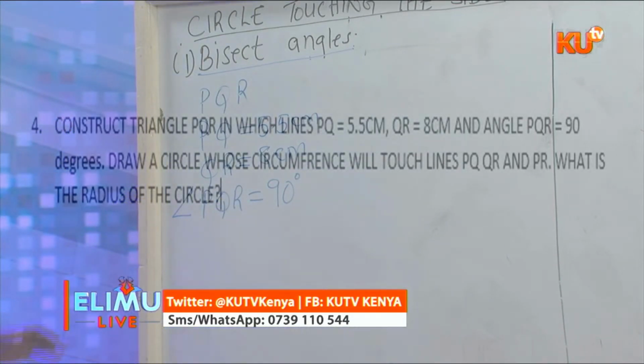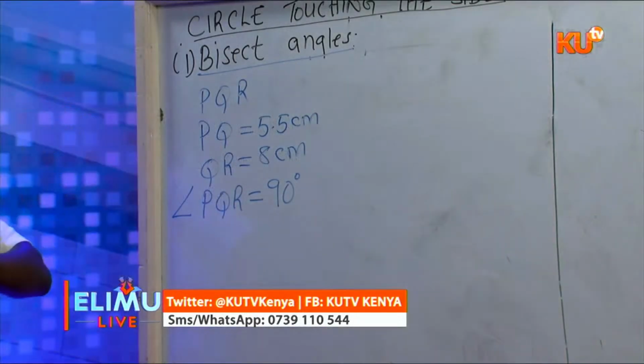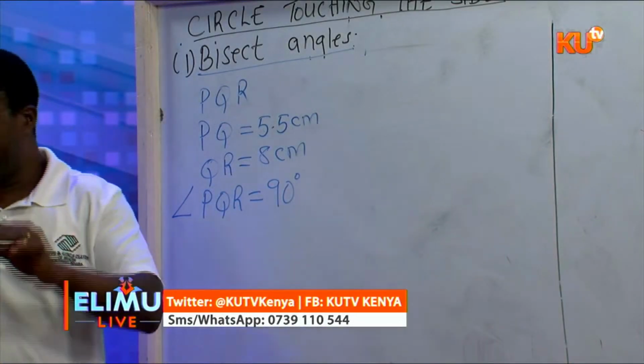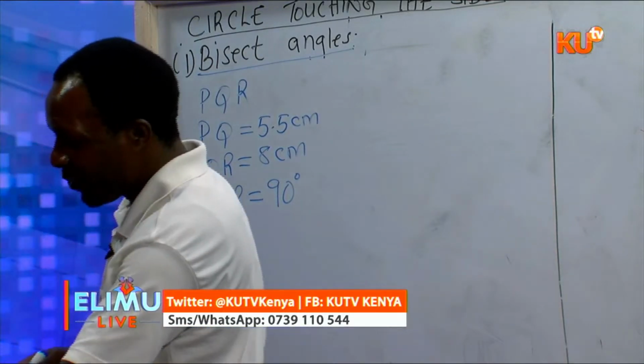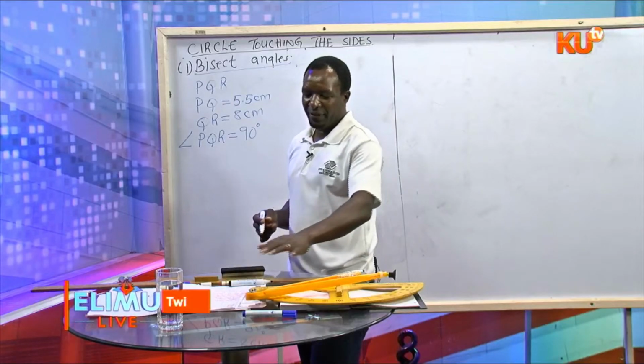Some learners may ask, how do we know that the circle is touching the sides or the circle is touching the vertices?